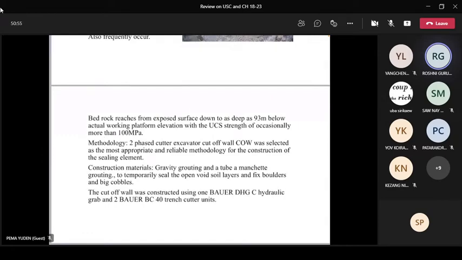Bedrock reaches from the exposed surface down to as deep as 93 meters below the working platform elevation, with UCS strength of occasionally more than 100 MPa.